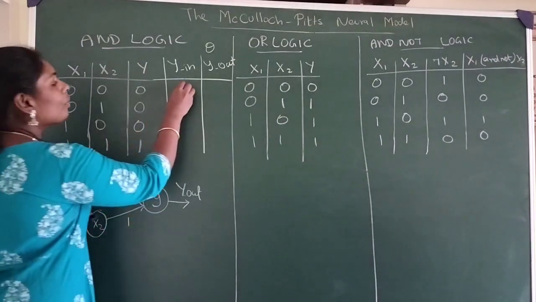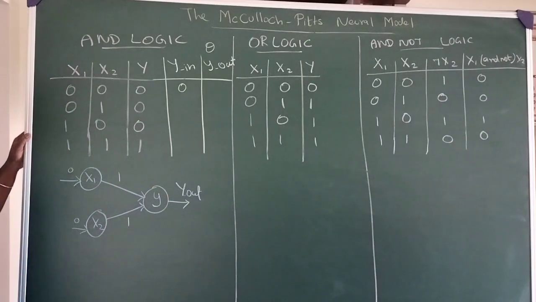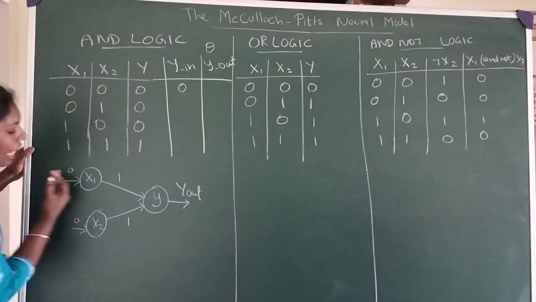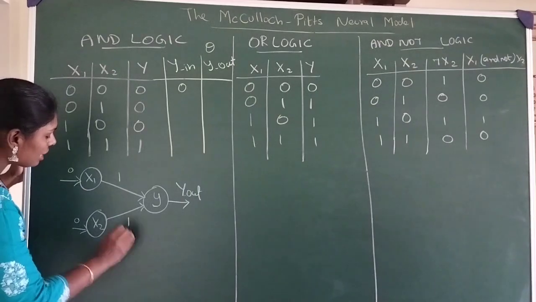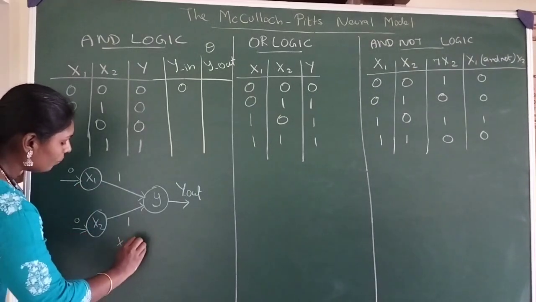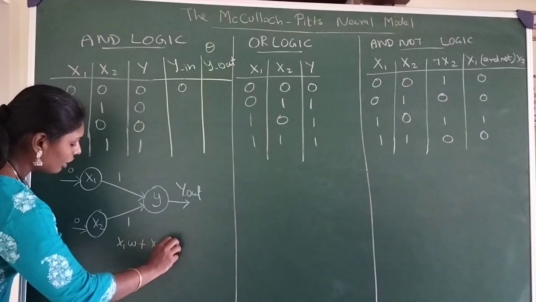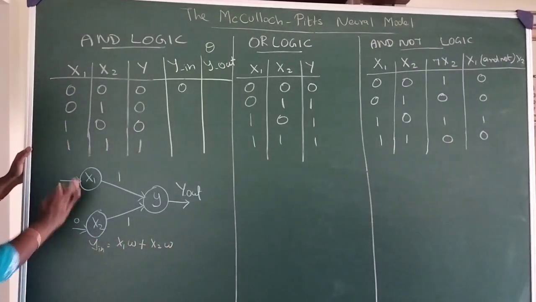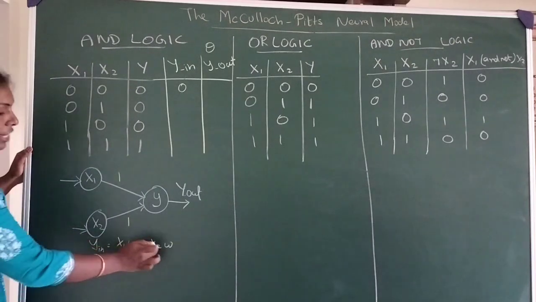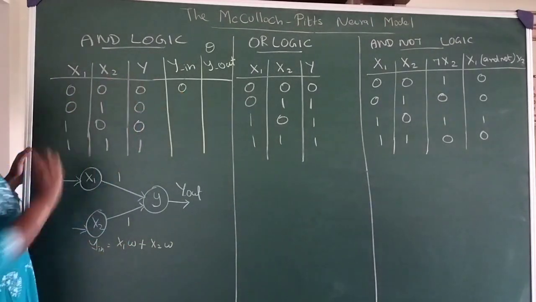So 0 plus 0 is going to be 0. I just pass the input and calculate the output. The calculation is like this, x1 into w plus x2 into w. This will be your y in value. So for the first pattern, both x1 and x2 are 0, and your result is also 0.